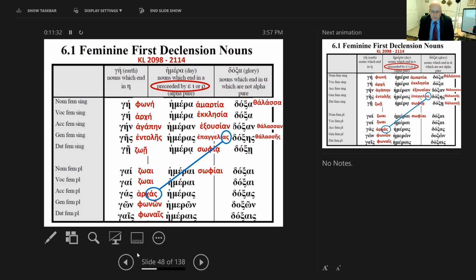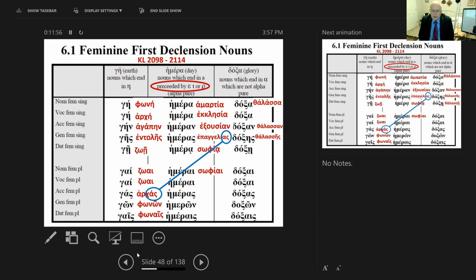But the accusative is agapen with en, with eta nouns, and an with accusative feminine with alpha pure nouns, with any alpha noun actually. Hemeran, exousian, thalassan, doxan.